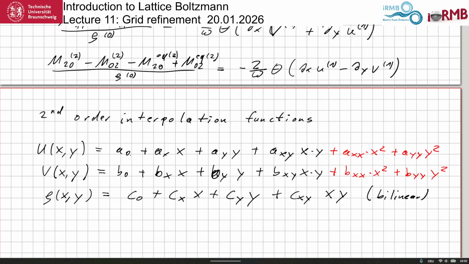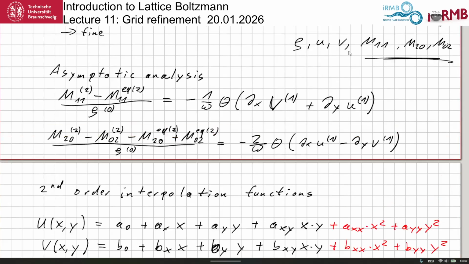So what's our problem? We get 1, 2, 3, 4, 5, 6 coefficients, but we have these 4 pieces of information for the velocity. So we'll combine these two here together, yeah.